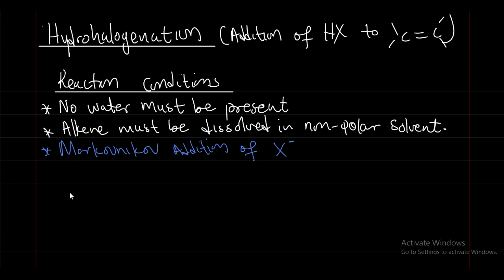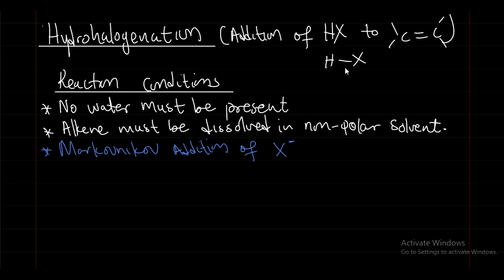A very important thing, this bullet that I've highlighted in blue, is the Markovnikov addition of HX. We've gone through Markovnikov's rule. It says that when we are adding an unsymmetrical molecule like HX, the negative side of this molecule will go to the most substituted carbon.